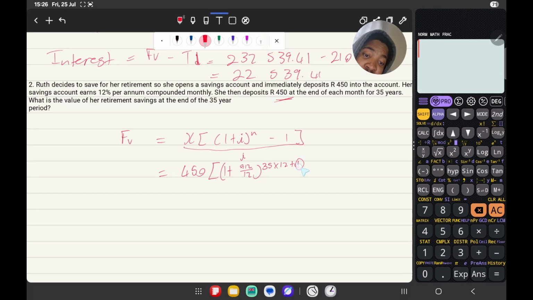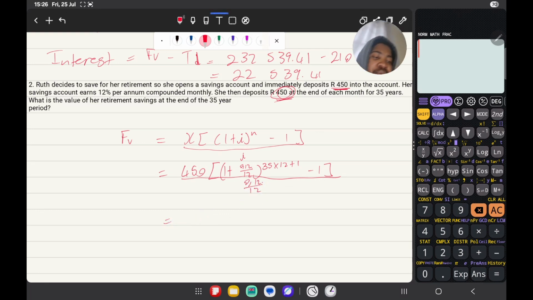So this one is for this 450, right? And then this 35 times 12 is for this one, right? Cool. So now you have minus 1. All right. Oh no, i is 0.12 over 12.